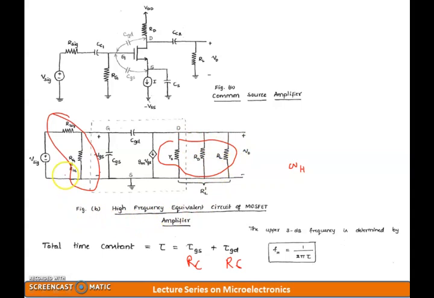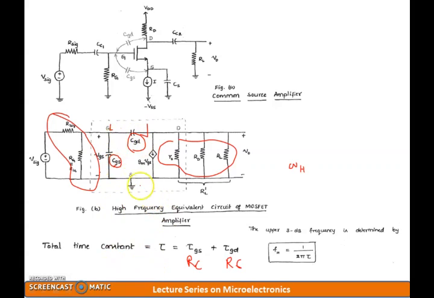Similarly, with respect to capacitances, there are 2 capacitances or 2 major poles over here. One is CGS and the other is CGD. When I am dealing with CGS, I'll make this particular path an open circuit, and when I am dealing with CGD, I make this path an open circuit.